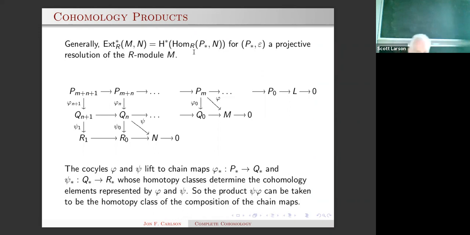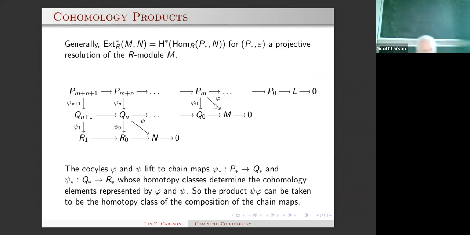The top row in this diagram is a projective resolution of the module L. Well, it's an augmented projective resolution because I've got the module L in there. The middle row is a projective resolution for the module M, and the bottom row is a projective resolution for the module N. Now, if I've got a cocycle from P sub M into the module capital M, this actually lifts to a chain map.